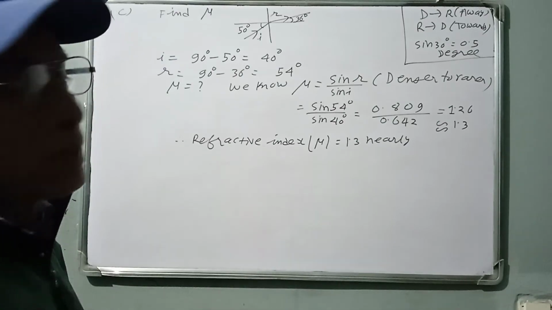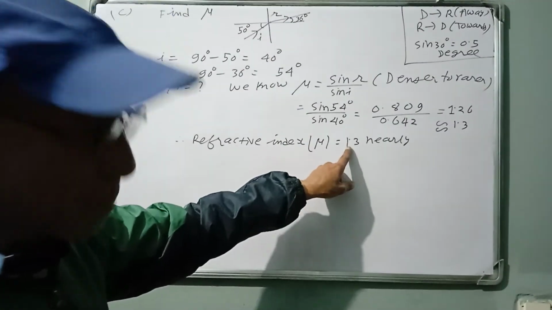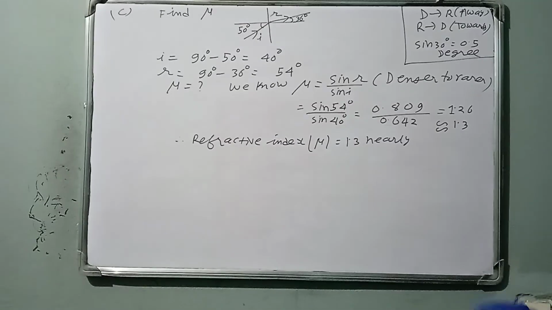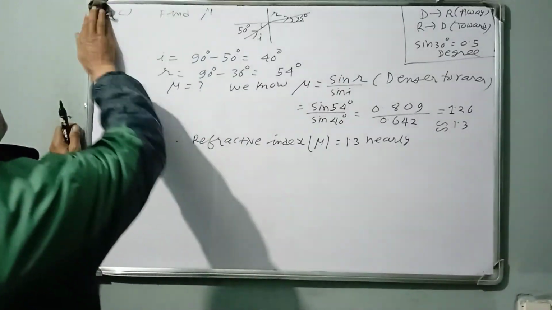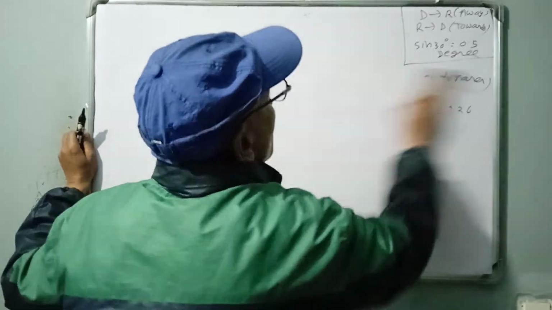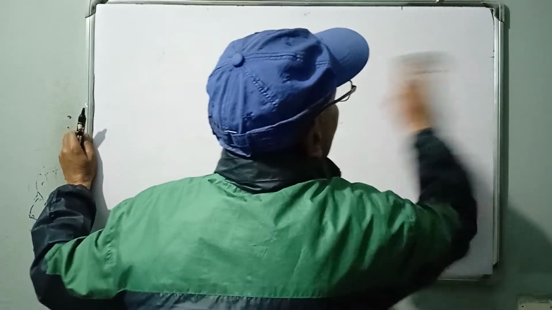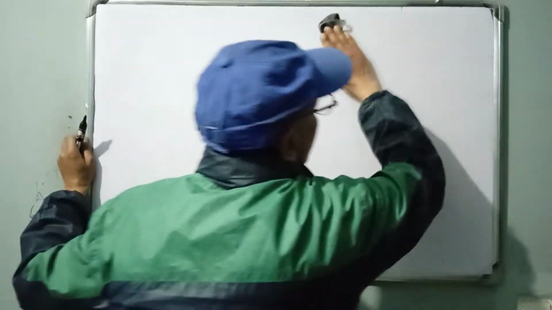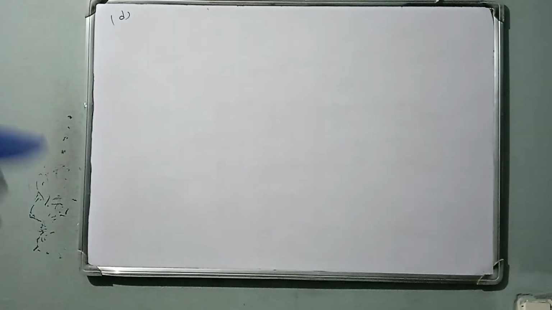So the refractive index of the medium is 1.3 nearly. ABC. Now D number, let me write another question.